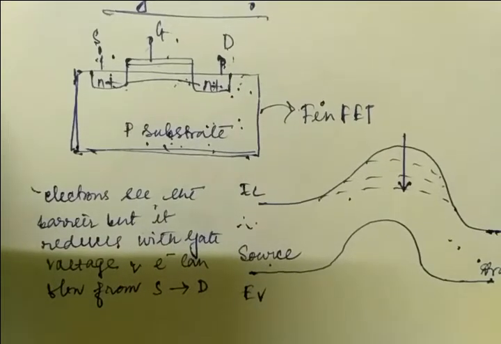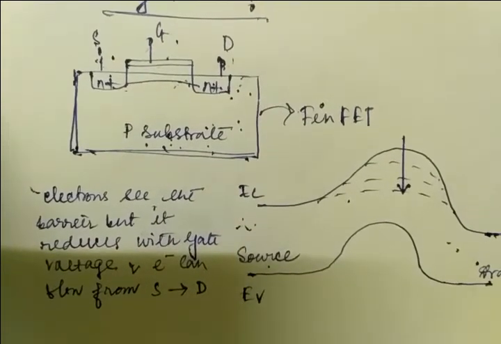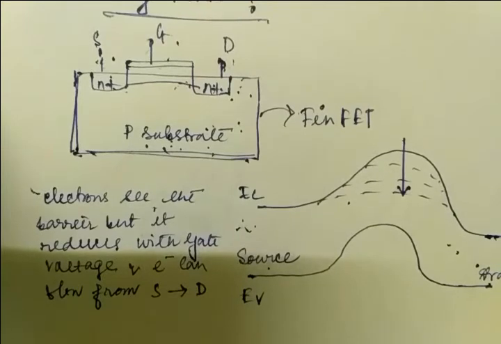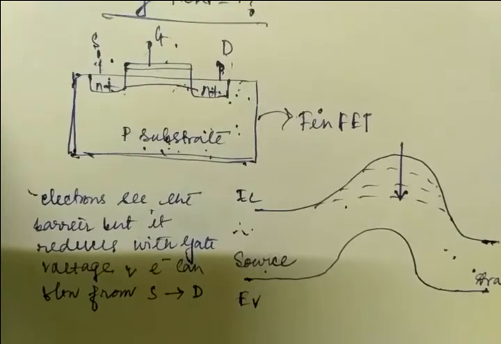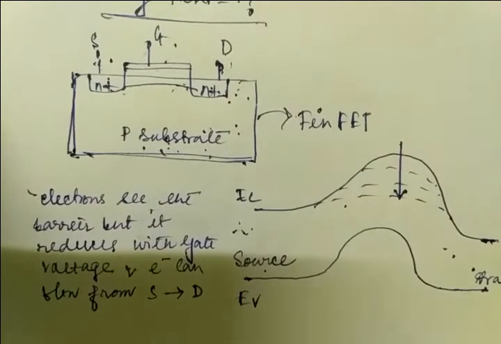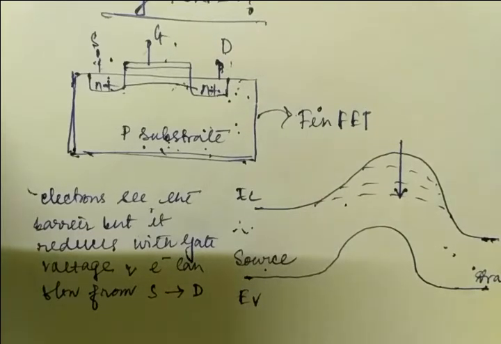But in my scenario, the drain voltage has entered, just an unwanted person. So what effect the drain voltage will have on the current conduction, and how that effect can be reduced, will be discussed in my next section, and that is the basic significance, the basic beauty of the FinFET, right?